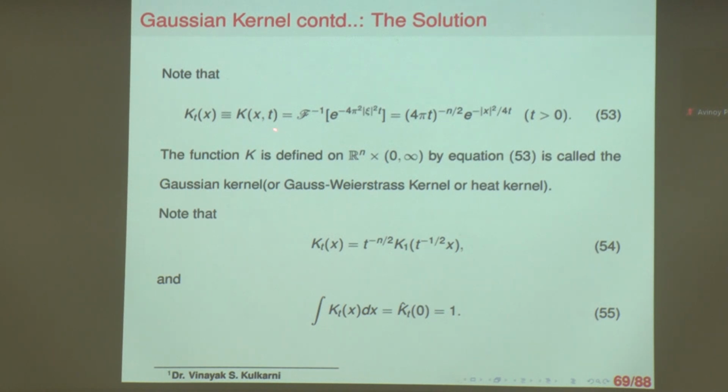So I have directly written its inverse Fourier transform, and this particular kernel is known as the Gaussian kernel or Weierstrass kernel, or in general you can call it the heat kernel. It has a few properties which are helpful to prove that this kernel is a good kernel, later on with the help of these properties.